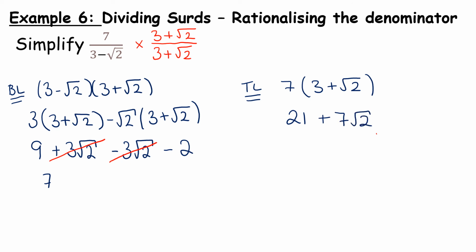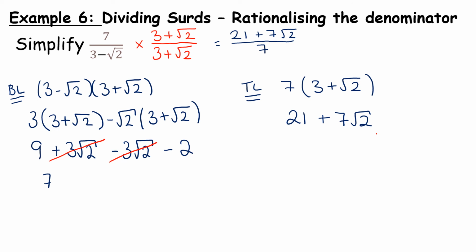So bringing it back, we get 21 plus 7 root 2 all over 7. Now, you've got most of your marks, but we're not fully there yet because if you've noticed, 21 and 7 are both multiples of the denominator.